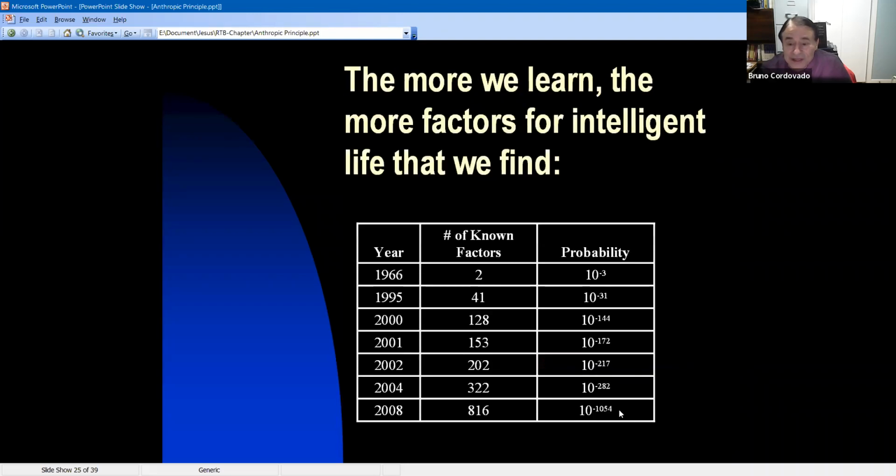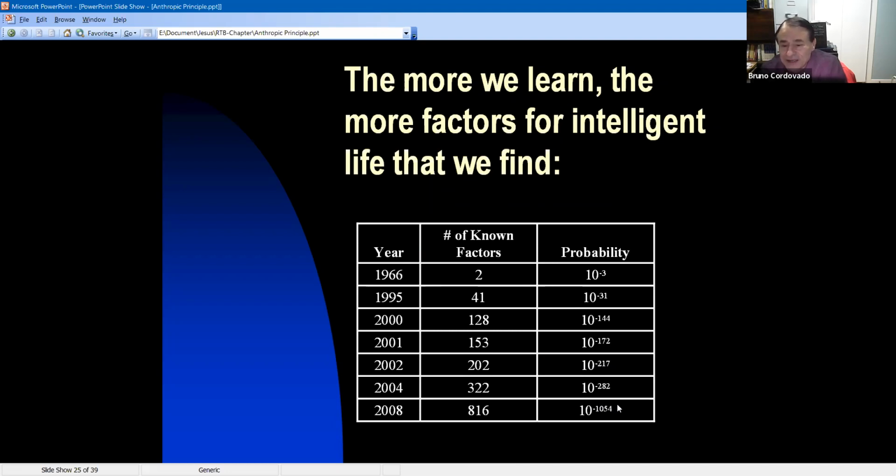This number here shows such a huge low probability of life. This number is so small that we shouldn't even be here. If you count the total number of stars and planets in the universe, it's still not enough to even have life.